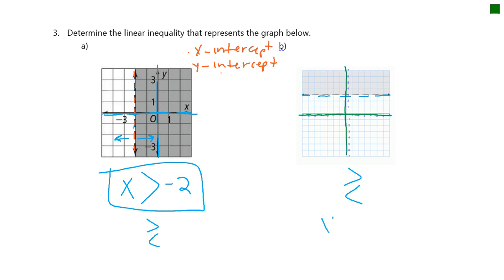Y. So it's going to be y, and it's crossing through one number, 3. Is it going up? Remember from the point, is it going up or down? And you can see that the shaded part was with the up arrow. That means that it's greater. It's going up. So y is greater than 3.